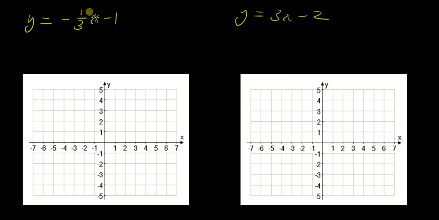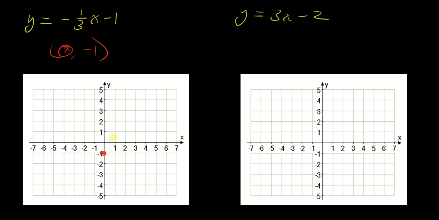Okay, 2 more, and I'm just going to do these fast. Okay, what is my fast point here? Well, it's going to be 0, -1. If x is 0, then y is -1. It's going to be the intercept. So really, you could just get used to looking at this number out here and saying, okay, I know right there I'm on the line.